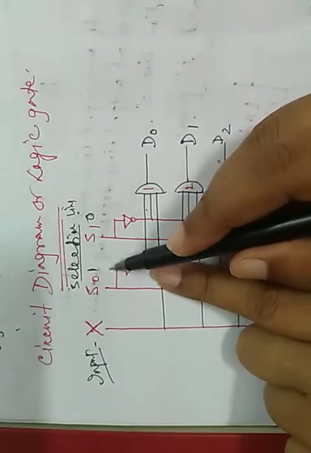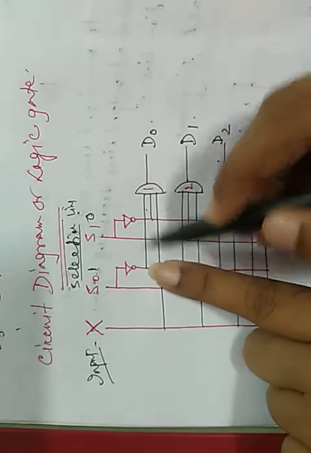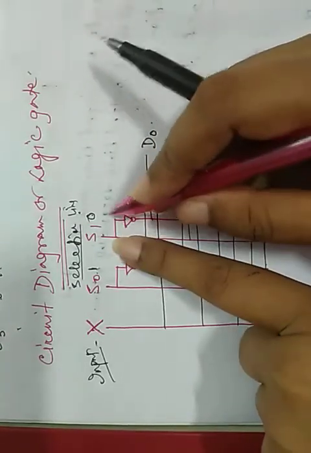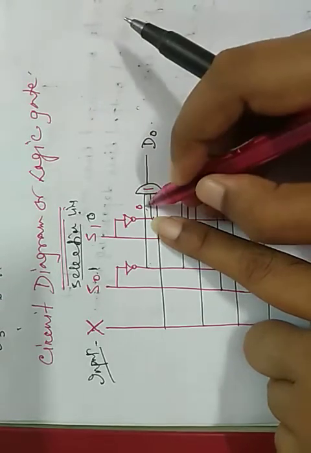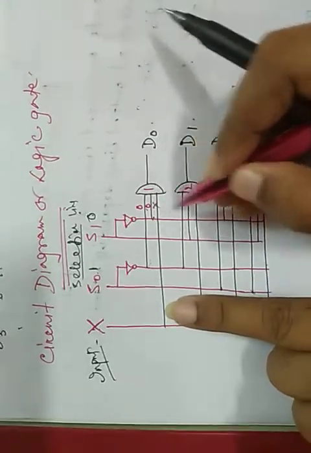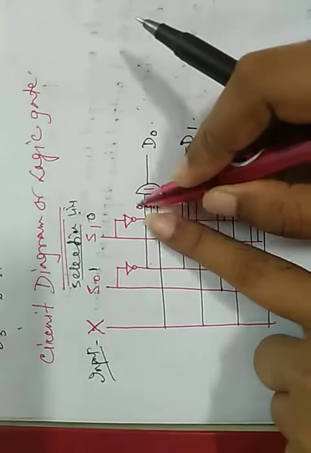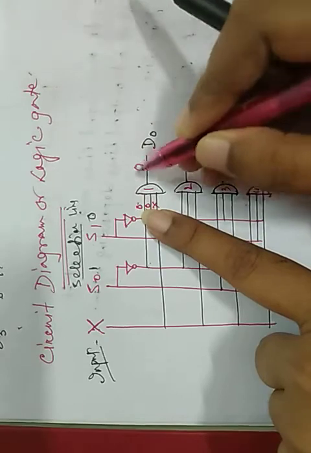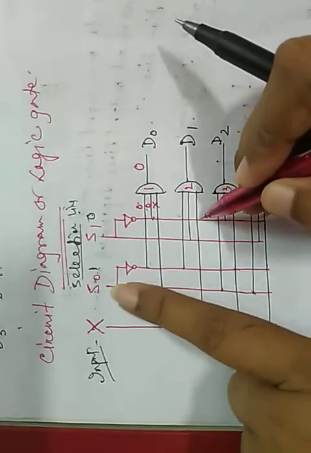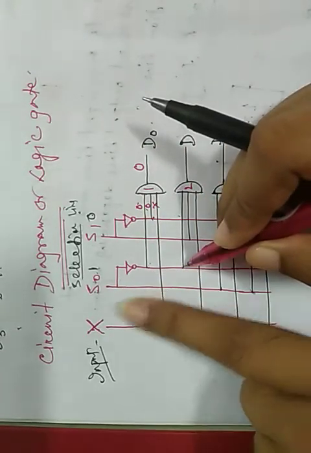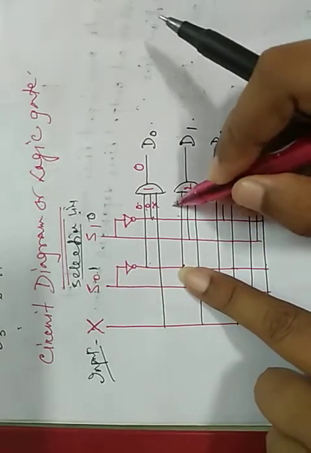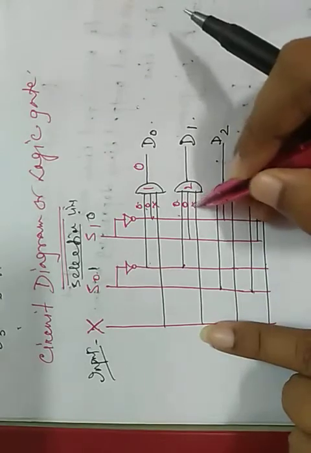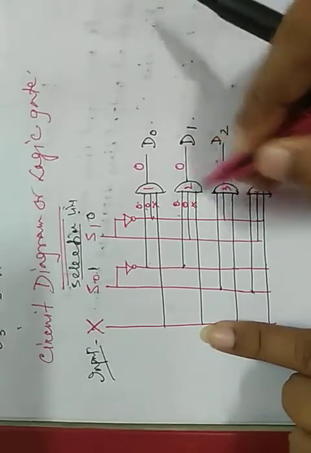In the first AND gate, S0 complemented gives 0, so one input is 0 and obviously the output is 0. In the second AND gate, S0 complemented is 0, S1 direct is 0, so output is 0.